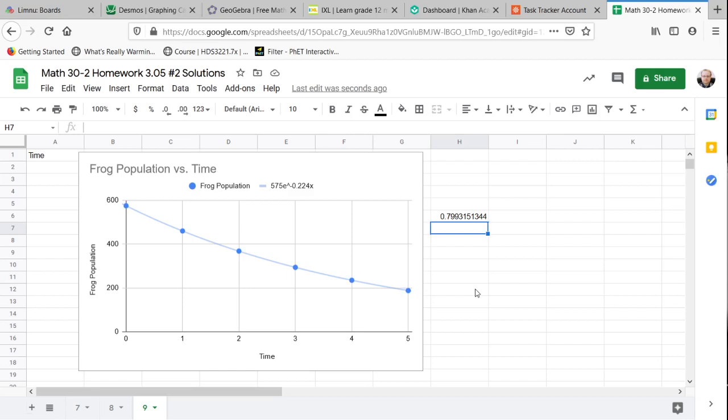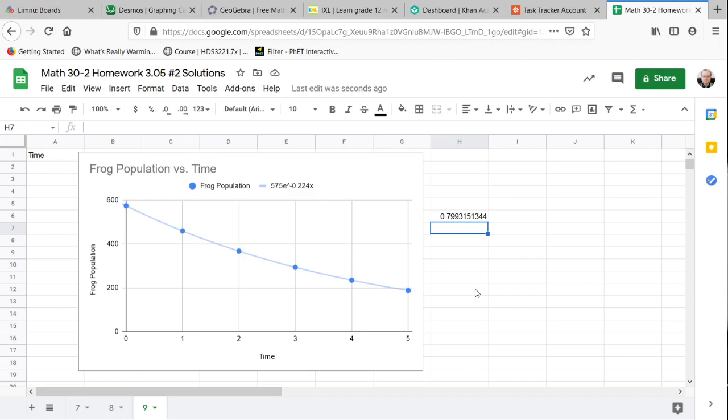So this tells us that after each year that goes by, we are at a proportion of about 0.8 of the population we had the previous year, or about 80% of the previous population. So we're losing 20% of the population each year. So we had to do part B before part A with these tools, but that's what we're seeing.